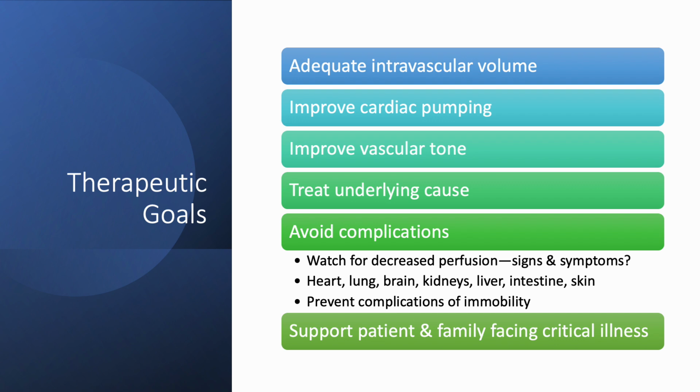You also want to prevent complications of immobility. You want to use interventions to prevent pressure ulcers, DVT, and muscle atrophy. It's also very important to support the patient and family by providing emotional and psychological support throughout the critical illness.